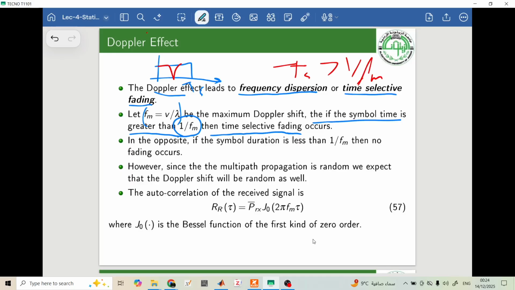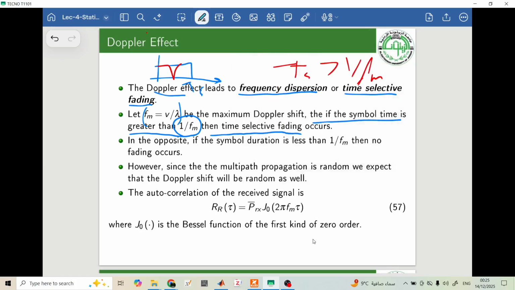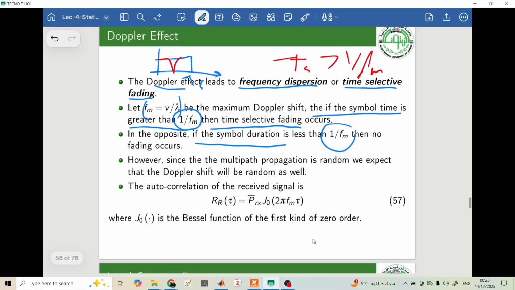The power will drop below the minimum received power required for modulation, or what we called receiver sensitivity, meaning that we have now a time selective fading. In contrast, if the symbol duration is less than 1 over fm, this event is highly unlikely. Okay, so again, this is a random event, so we need to deal with it statistically.